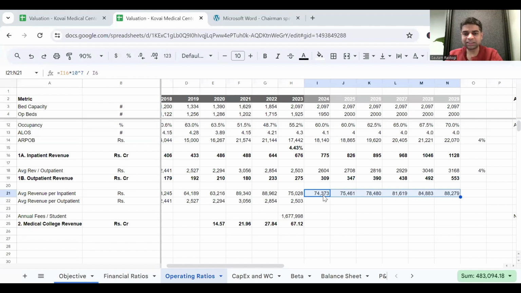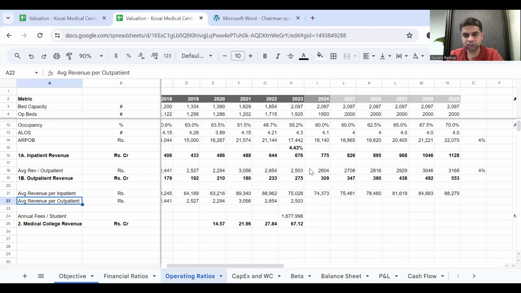So if you see the slight drop in revenue per inpatient in year 2024, and then there's a gradual increase. I'm not going to over engineer this number. I think this is fine. So moving on to outpatient. We've made a direct assumption on the average revenue per outpatient. So I think inpatient, so revenue modeling from patients is done.